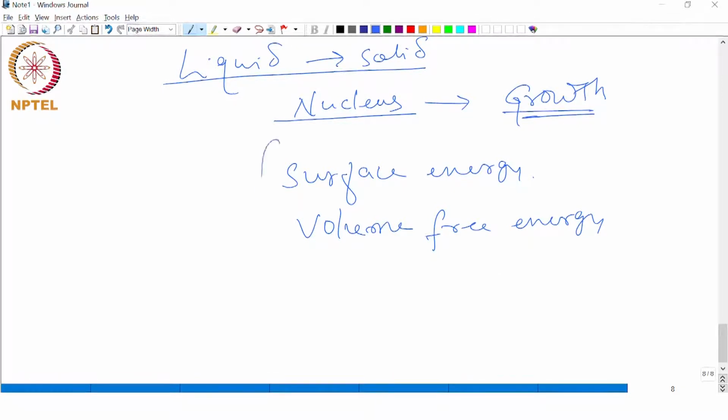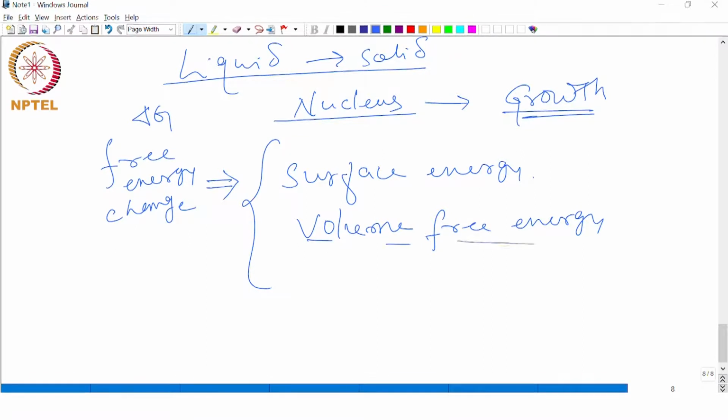Right. So, the free energy change that we talked about, the delta G, will have two components, one coming from the surface energy and another from the volume free energy. Okay.